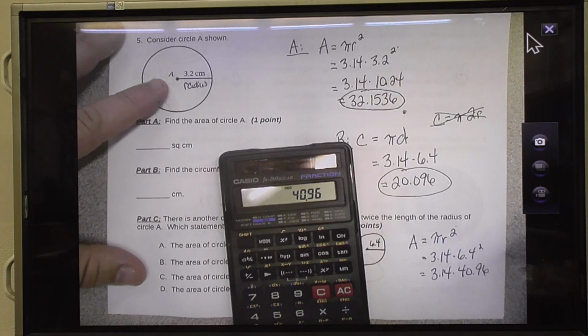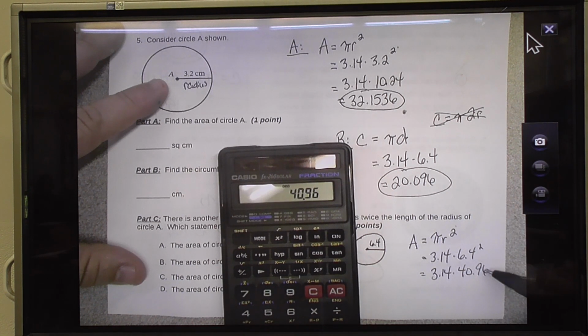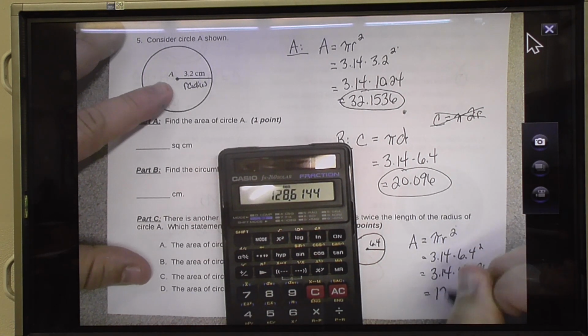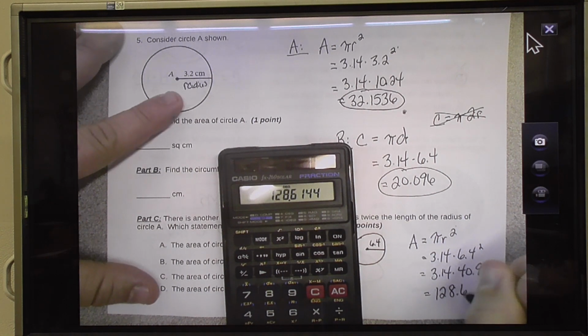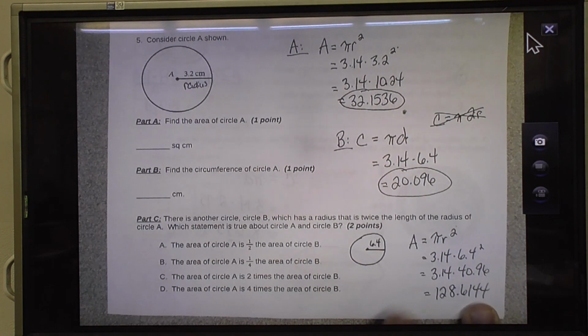Somebody just said where that's from or something? No? Okay. So 6.4 squared is equal to 40.96. I'm going to multiply that times pi, so 3.14. And I get 128.6144.